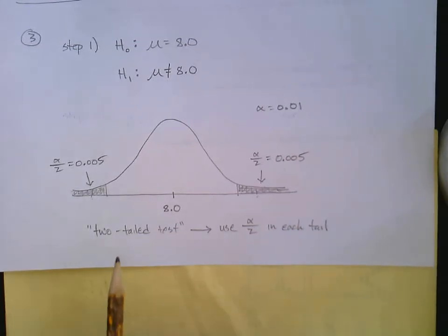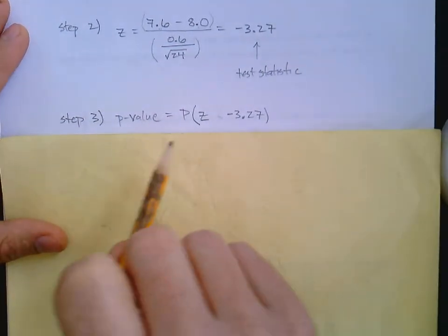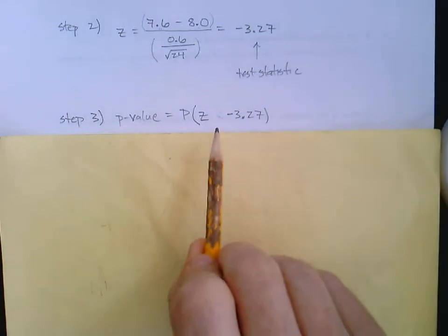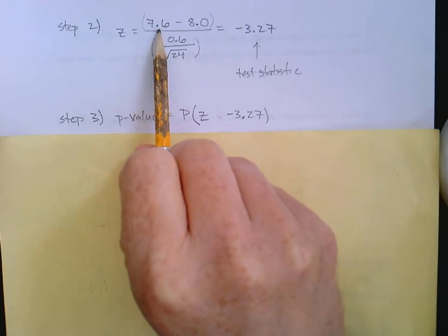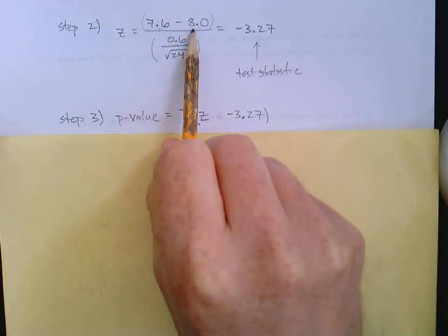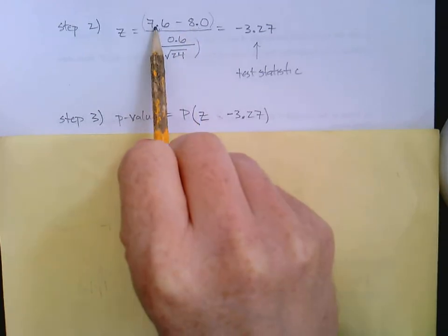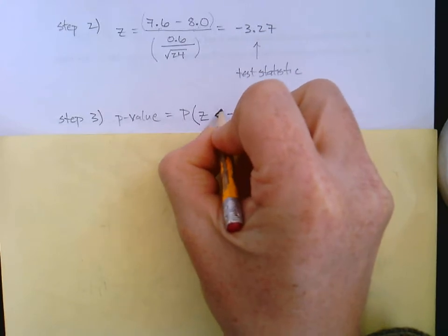What was the sample data? The average from the sample. Was it bigger than mu or was it less than mu? Our sample average was 7.6. That's less than our mu of 8.0. So if this number is smaller than this number, then we use a less than.